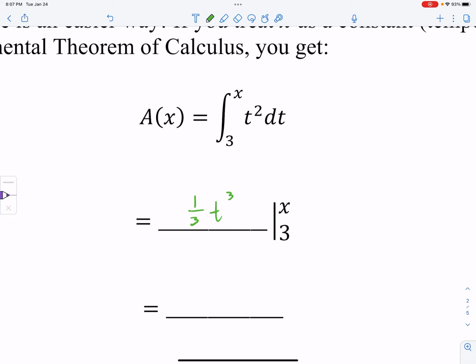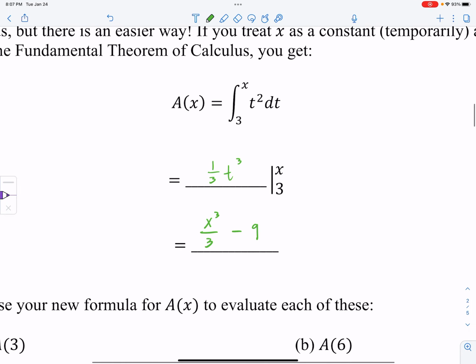And then finishing applying the fundamental theorem of calculus, that would end up being x cubed over 3, or 1/3 x cubed, minus 3 cubed divided by 3, which would be 3 squared, or 9, so minus 9.